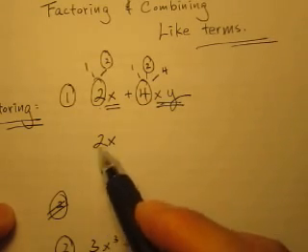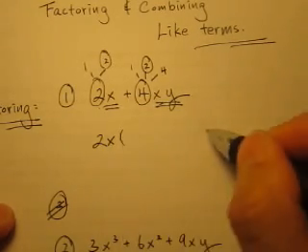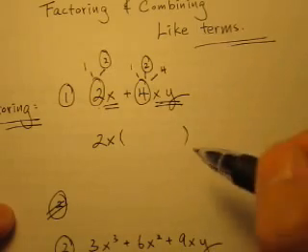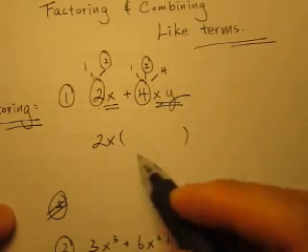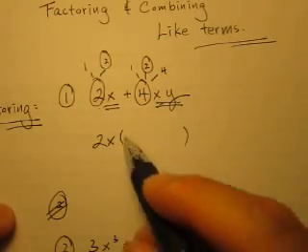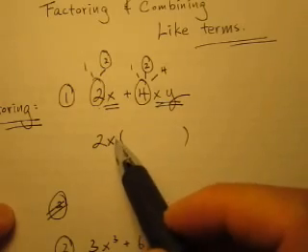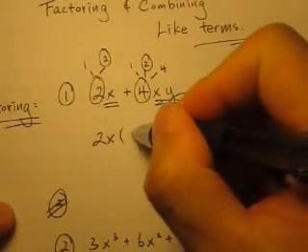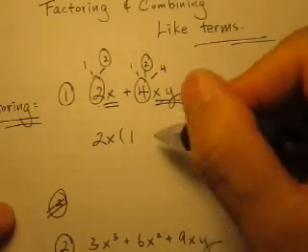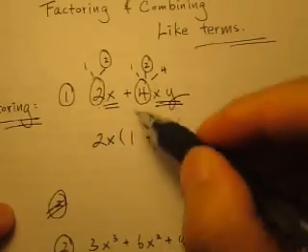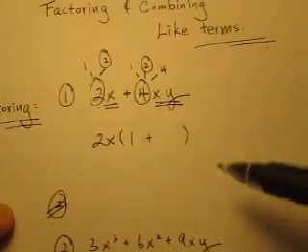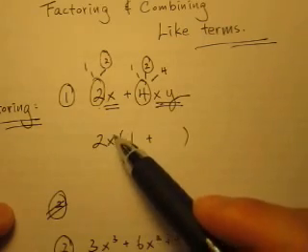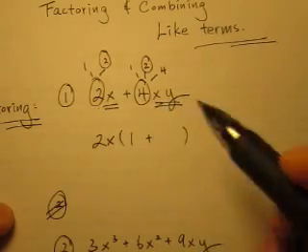After we have a common factor, we leave it outside of the parentheses. We just draw parentheses right next to it. And now we ask ourselves, what did I multiply with 2x to get 2x? Well, 2x times 1 is equal to 2x. We keep the sign, plus. What did I multiply 2x by to get 4xy?